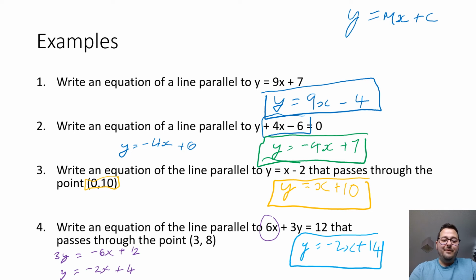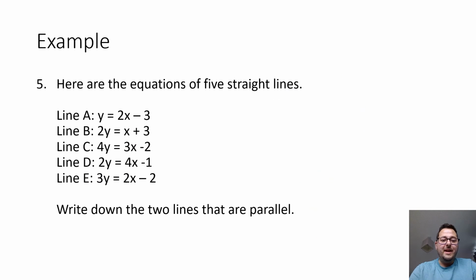Okay, let's have a look at one final question then, a little bit different. This just says, here are the equations of 5 straight lines. Write down the two lines that are parallel. Well, we want to get them all in this form, y equals mx plus c, so we can work out the gradient easily. Now, this first one is great, that's already in the form. And before x, we've got 2, so the gradient of that is 2.